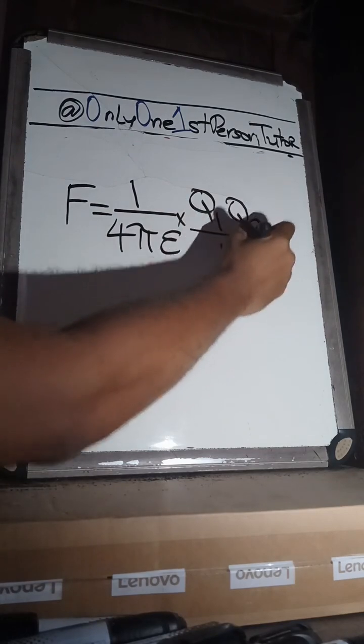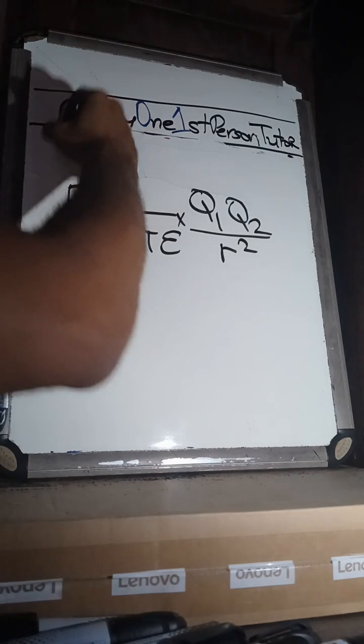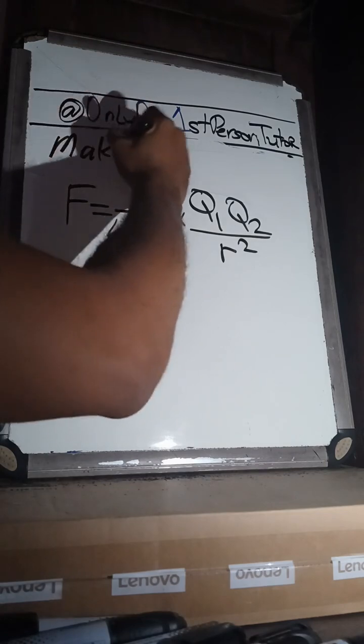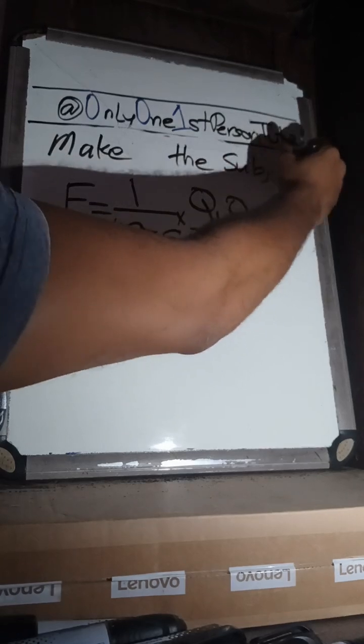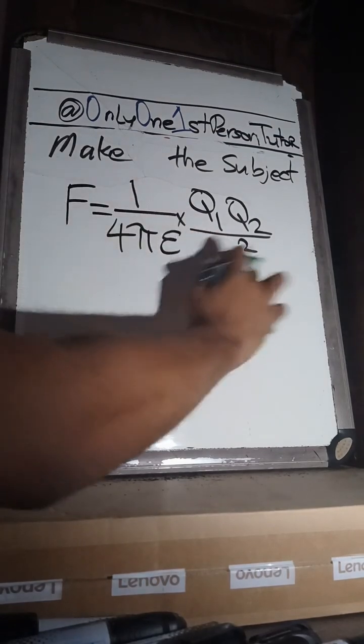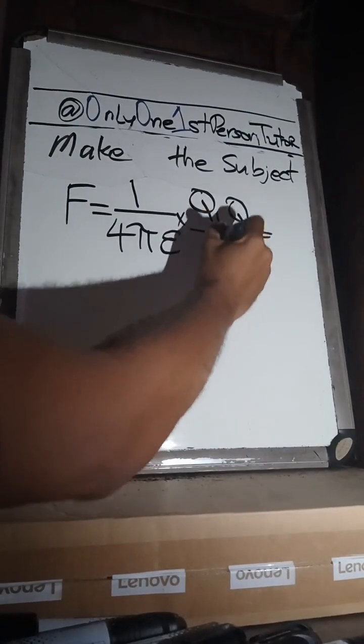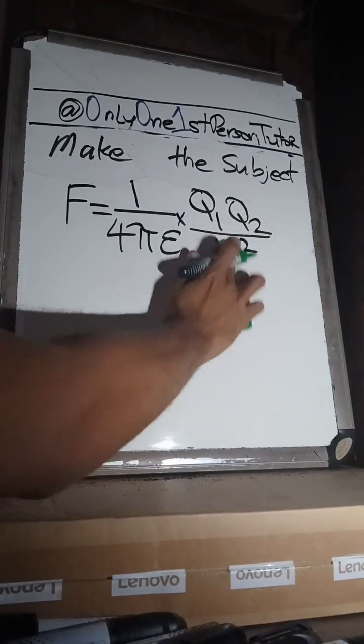All of that is over r squared. So we need to make, what are we making the subject now? We are making r. Right, so r raised to the 2.